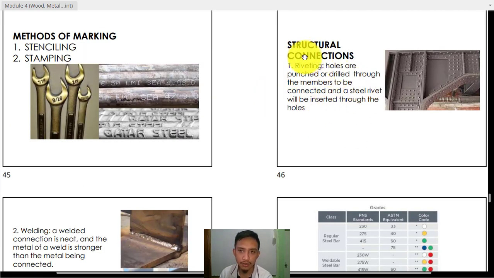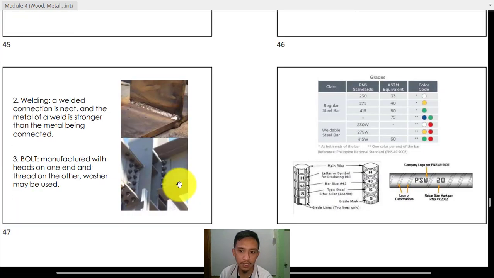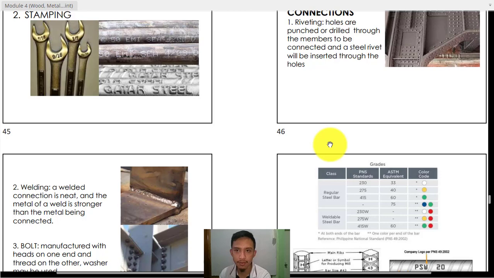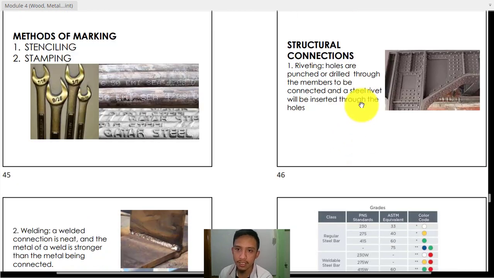And then we have here the structural connections. It's either we are using rivets, or welding, and of course bolts. So these are the three types of connection of structural steel. For rivets or riveting, holes are punched or drilled through the members to be connected, and the steel rivet will be inserted through the holes.